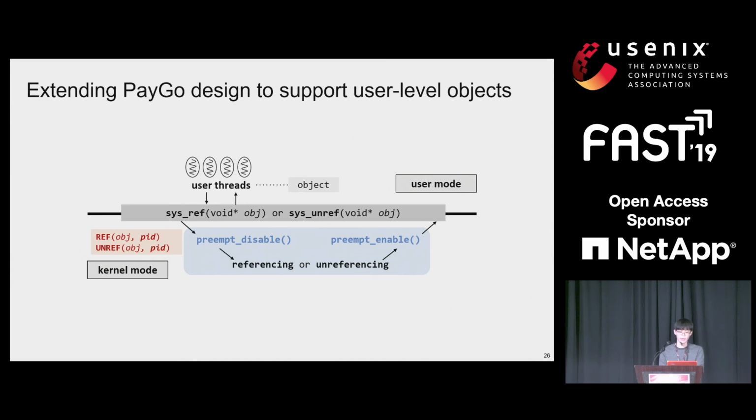The reason we wrap the core kernel-level PayGo functions is that disabling and enabling preemption cannot be controlled by applications, for safety reasons. So, although processes have mode switch overhead, the system calls enable reference counting on user-level objects with far better scalability than legacy counting schemes.